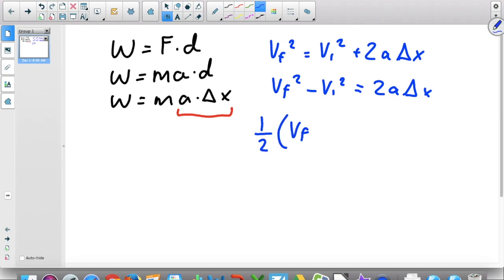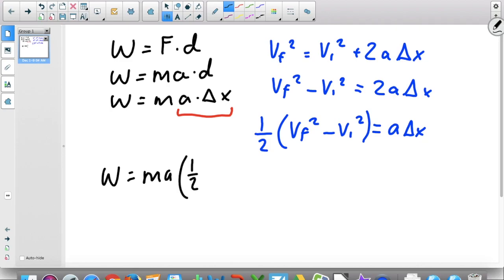So I have 1/2 of V final squared minus V initial squared equals a delta x. If I distribute that half in, which I'll do after I make my first substitution, we'll see where the kinetic energy piece comes from. Work is equal to ma times 1/2 of V final squared minus V initial squared, and I'm going to distribute this in.